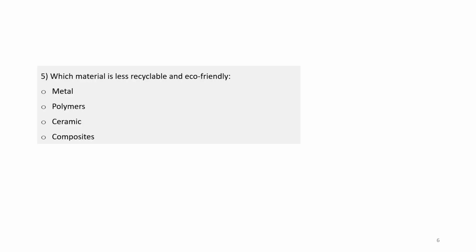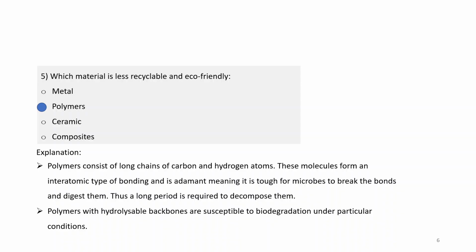So they don't degrade with time, and so there are a lot of efforts into making biodegradable polymers as well, so that they don't affect our environment in bad way. So polymers is the correct option. So polymers consist of long chains of carbon and hydrogen atoms.